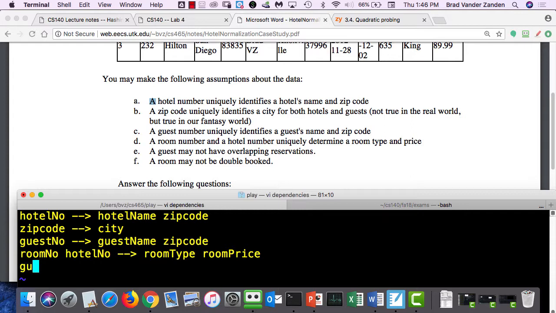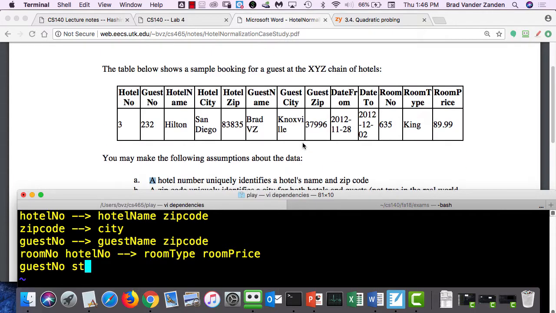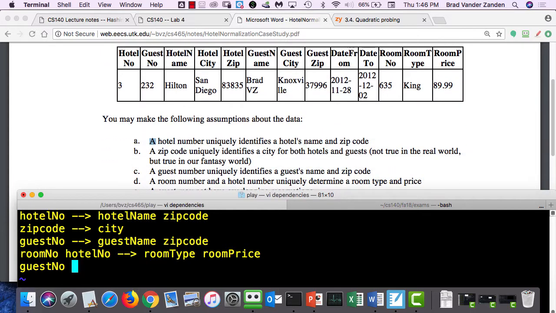What that means, if you think about it, is a guest number and a start from, I think it's start date from, is going to determine the date to. It's going to determine the hotel number and the room number that they're staying at. Now it's going to determine some other things as well.